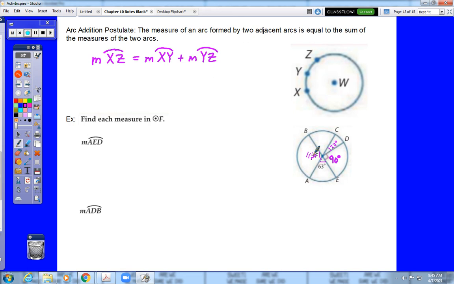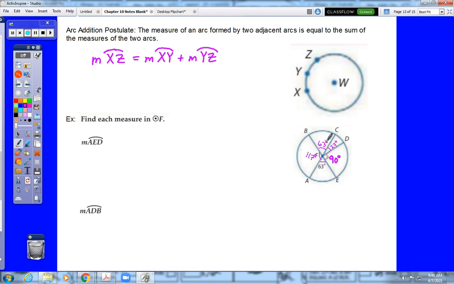And then that just leaves that last little angle, BFC. But BFC and AFE are vertical angles, which means they are congruent, which makes this last piece 63 degrees. It is very helpful to know all of these angles going into this kind of problem, because then all we have to do is find the central angle.